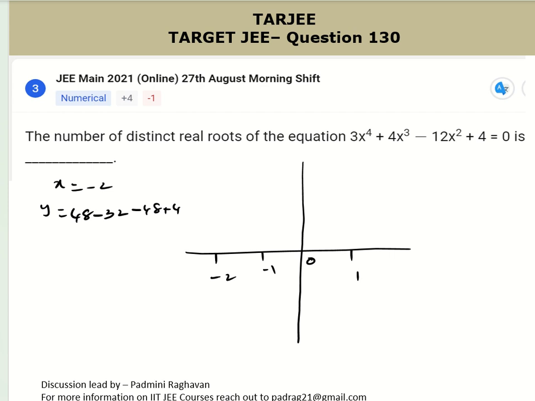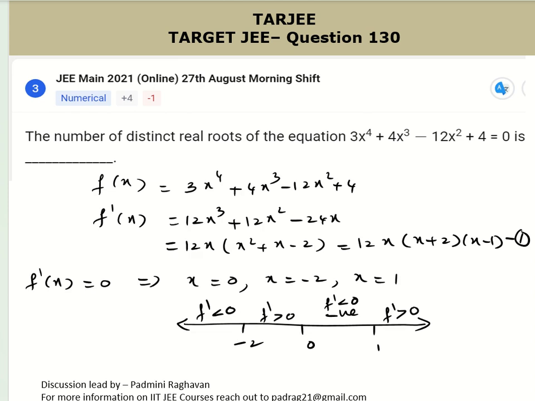So when x = −2, the y value is −28. So you get the point (−2, −28). It is going to decrease like this up to −2. Then from −2 to 0, it is increasing.